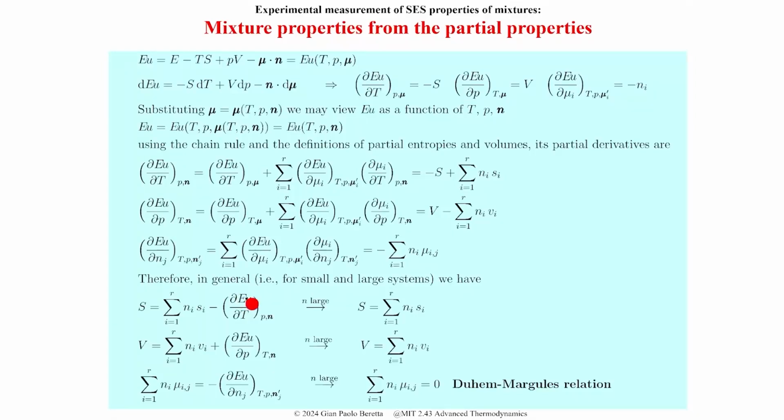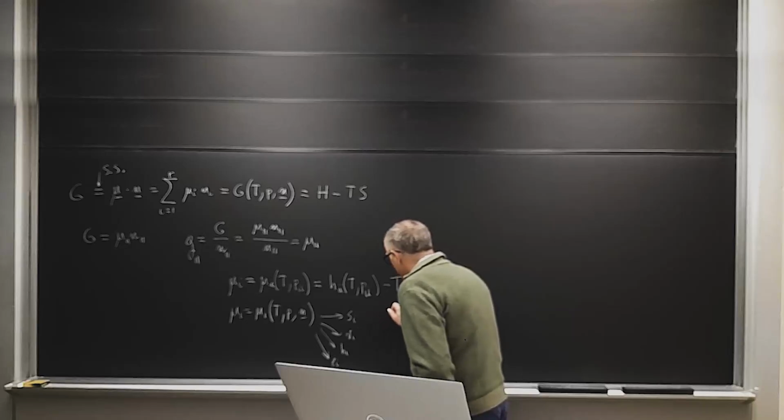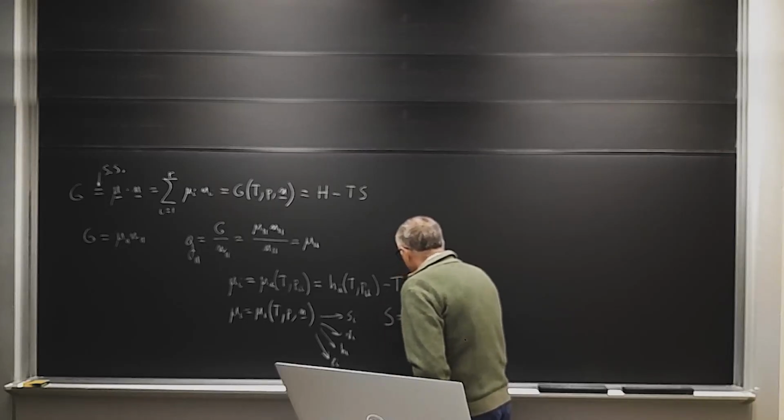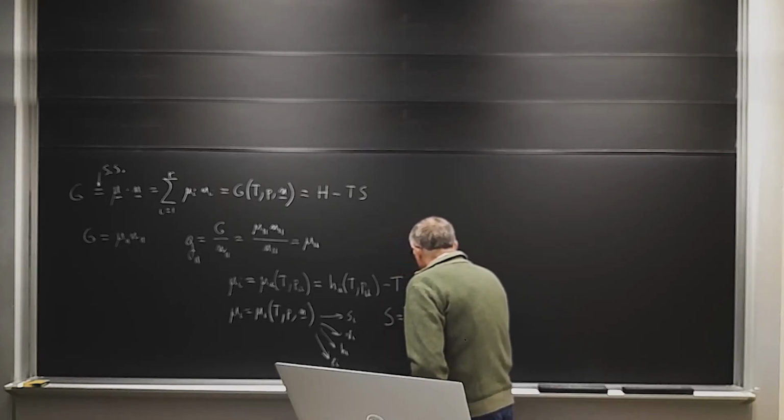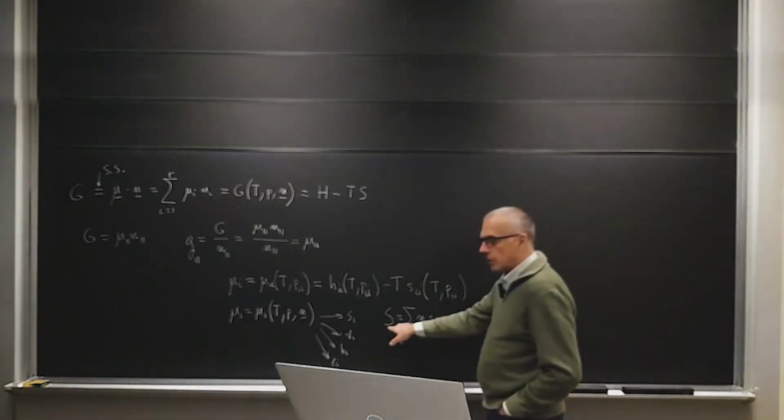But if we are not interested in small systems, the Euler free energy is 0, and so in that limit only the first term remains. And so we obtain that if I have these Si's, with them I can compute the properties of my mixture. So I know the entropy of my mixture.